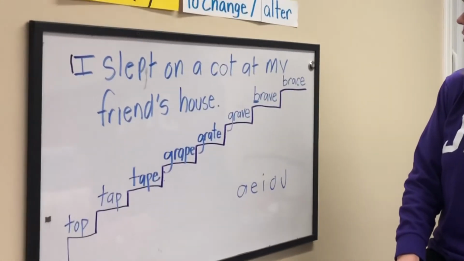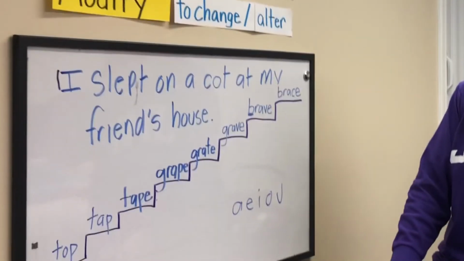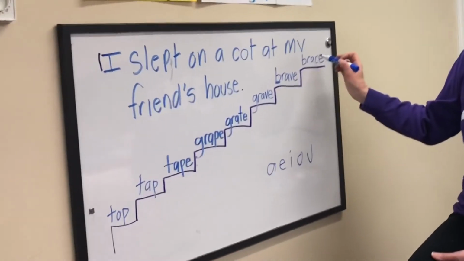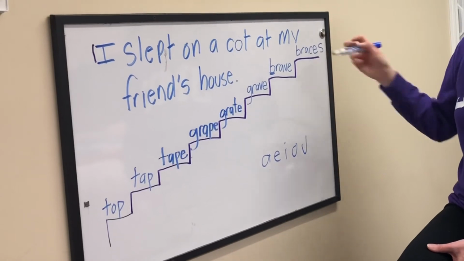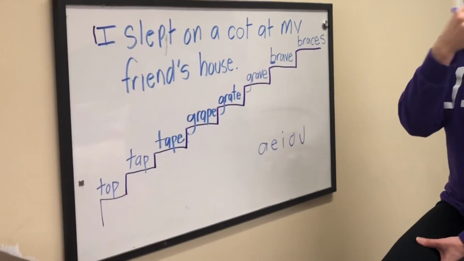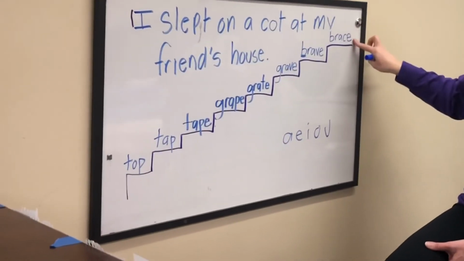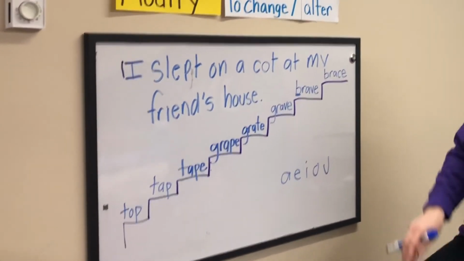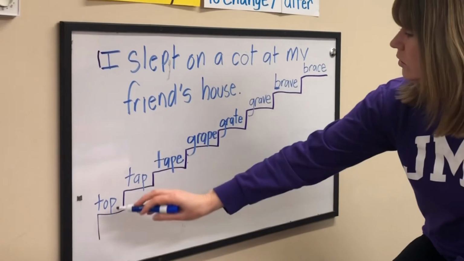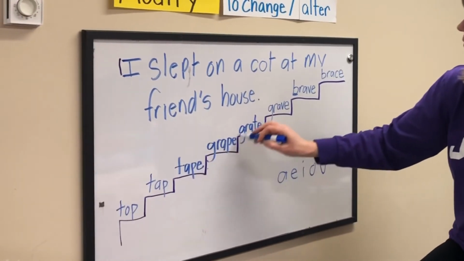If you were injured or needed help keeping your bones straight, you would wear a brace. If you wanted braces, that's the metal that you wear on your teeth to get your teeth straightened. But I can't do that part, so that's not following the rules. Brace. So there's my word ladder, my word stairs for the word top.